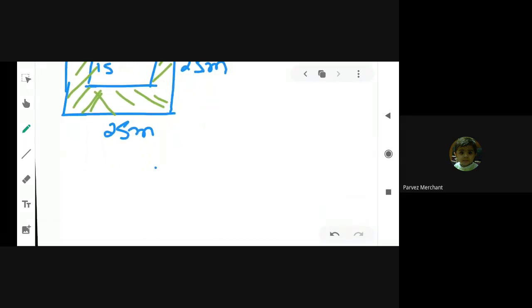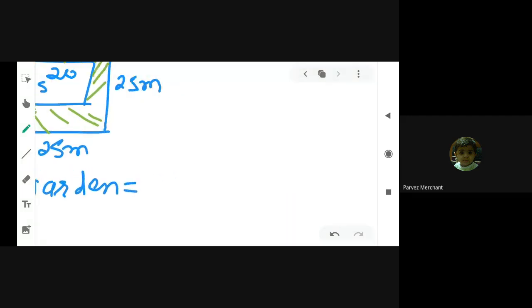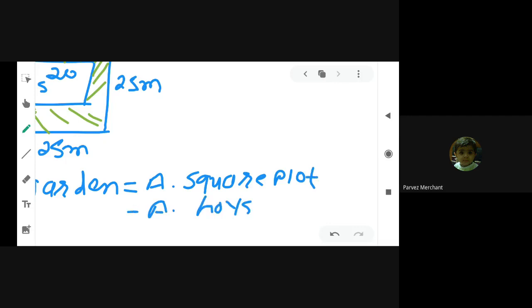Now we have to find the area of the garden. Area of garden is equal to area of square plot minus area of house. Yes or no? Then we get the area of garden.